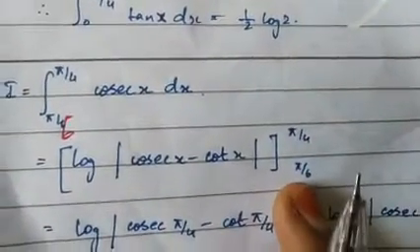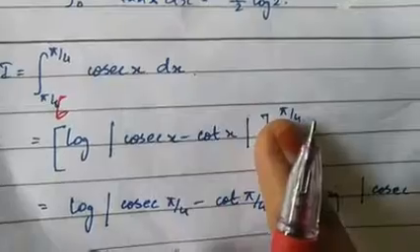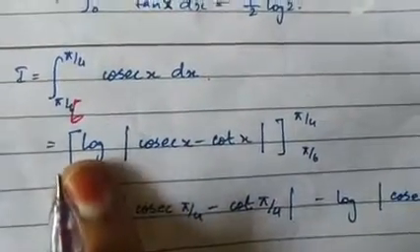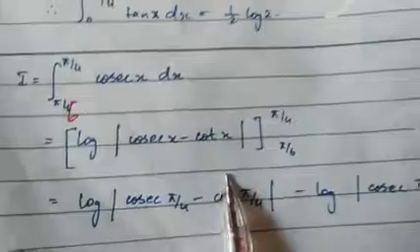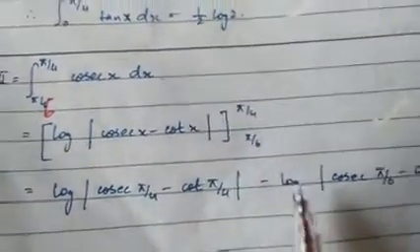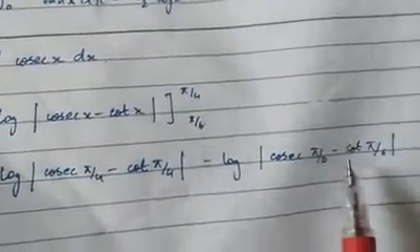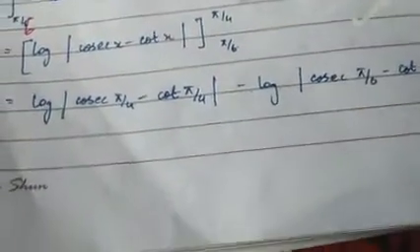After that, you apply the upper limit and the lower limit. The upper limit is pi by 4, so you get log of cosecant pi by 4 minus cot pi by 4. The upper limit is over, minus the lower limit pi by 6. In the place of x, you substitute, so log of cosecant pi by 6 minus cot pi by 6. After that, substitute the values and write.